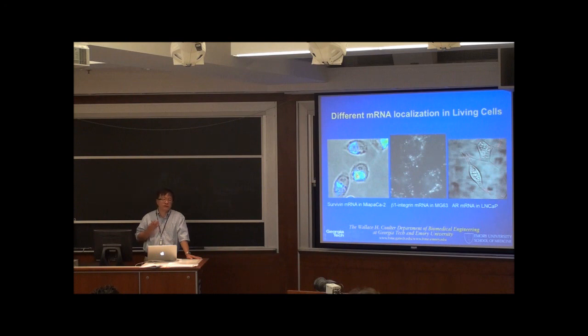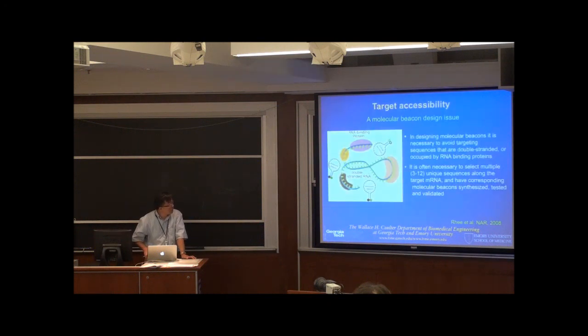For example, for some messenger RNAs, we found that they localize with mitochondria, and there are some functional relations between the specific messenger RNAs and the mitochondria. The other question is whether the localization, especially in cancer cells, reflects the disease state of the cell, right? Those are important questions in terms of biology.